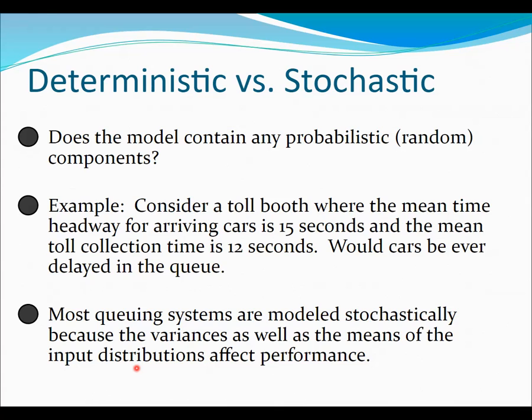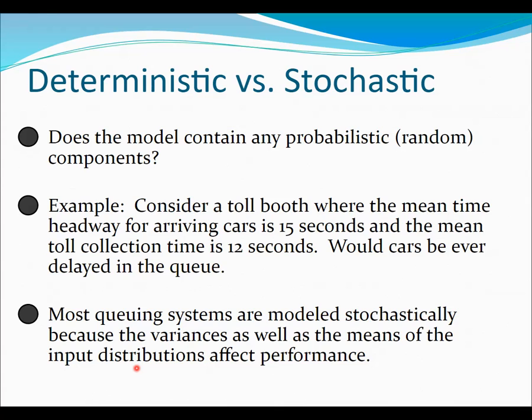Yes. And so you still may have a delay, because even if 15 seconds is the average, there may be times when it's shorter. Yeah, this is a very good point. This is exactly what I was trying to get at: even though the average says 15 seconds, the gap between 2 consecutive cars might be 10 seconds, and at some other time of the day it could be 30 seconds.